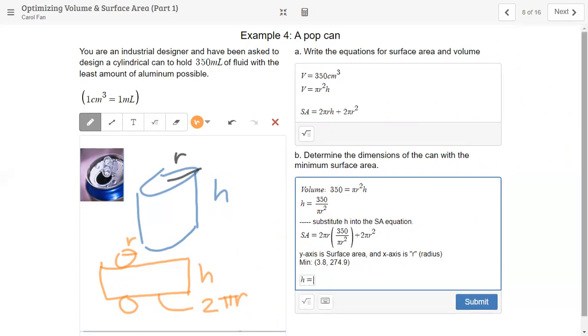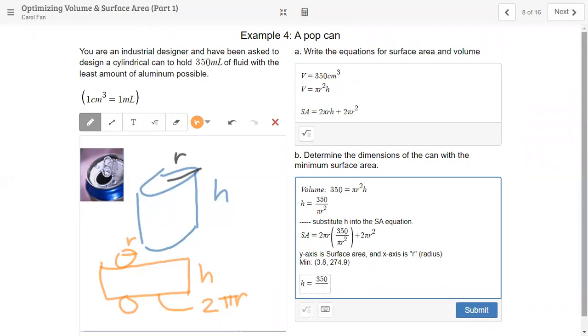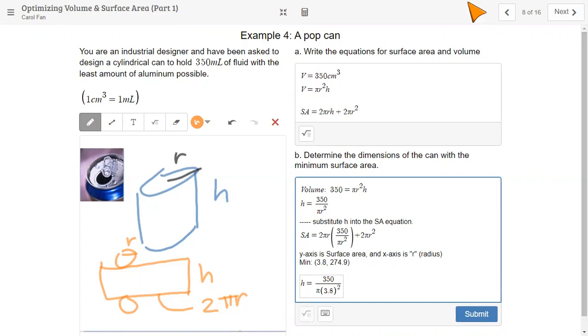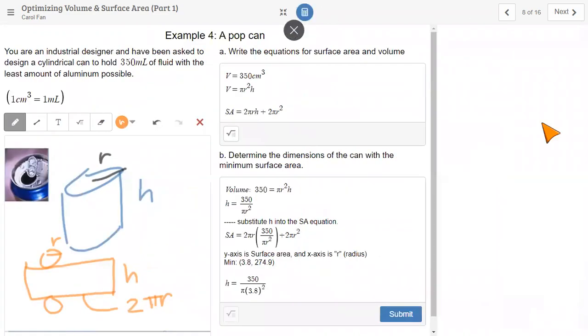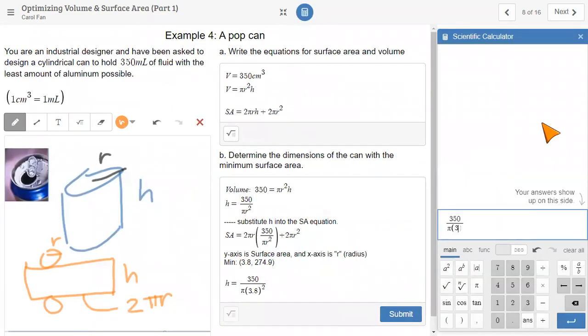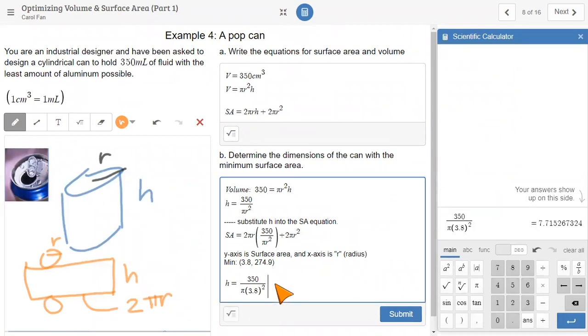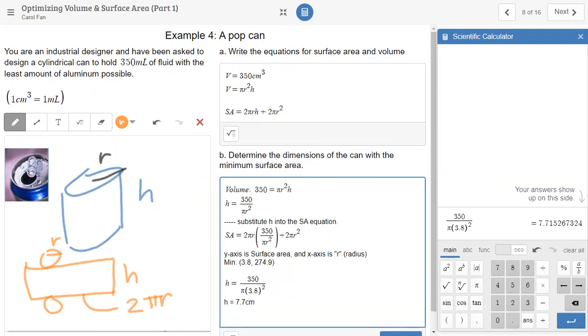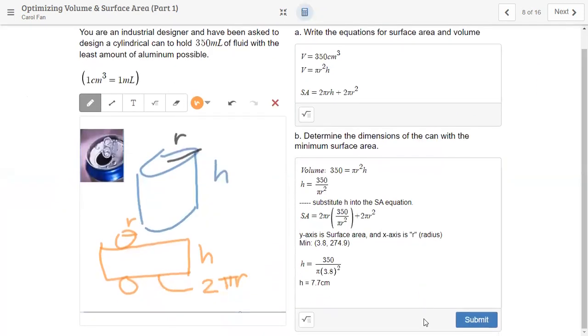So h is equal to 350 divided by pi times 3.8 squared. So my height, rounded, is 7.7 centimeters.